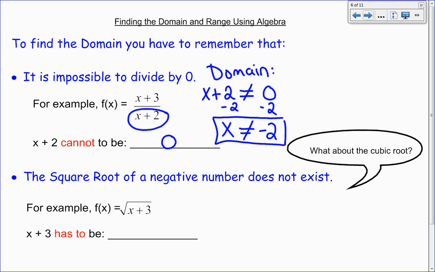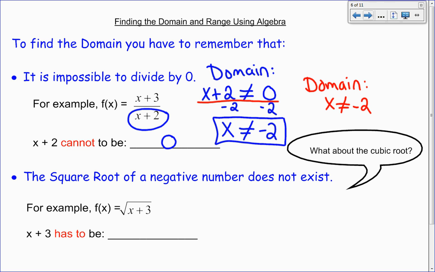So this is our domain. When we're looking at a rational function, we first examine the denominator and make sure that it does not equal 0. Then we solve that for x. So our domain here is that x cannot be -2.